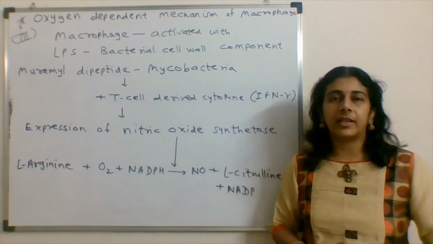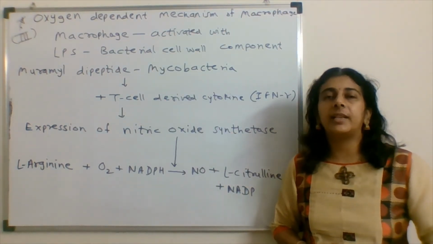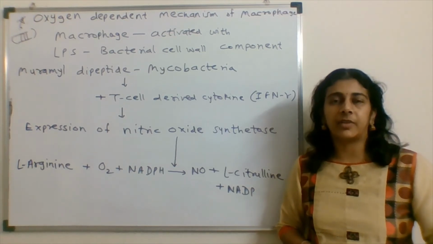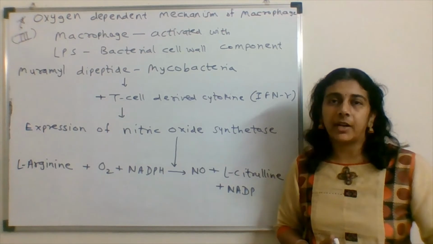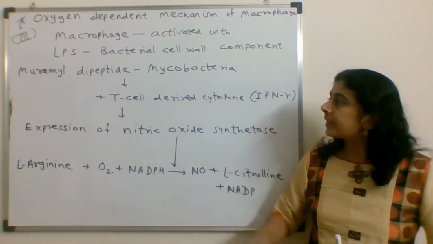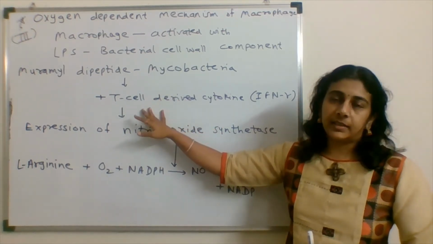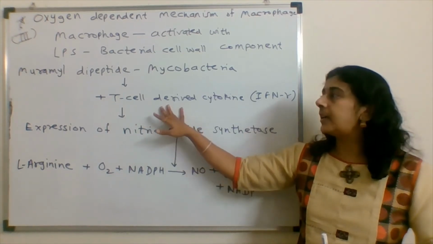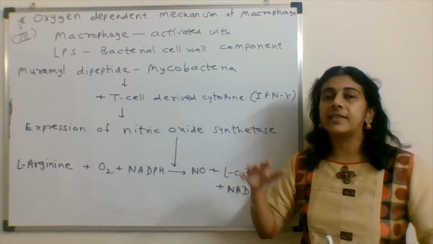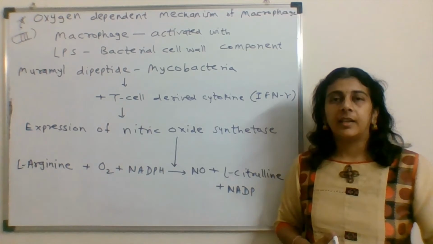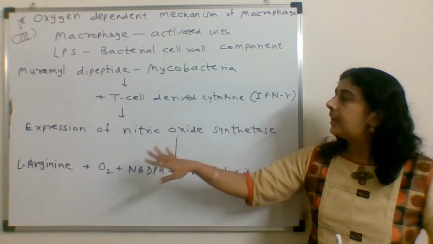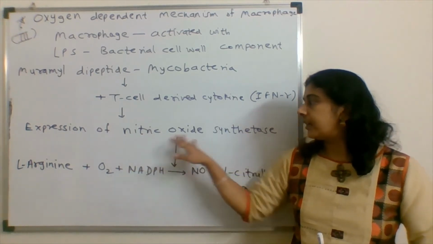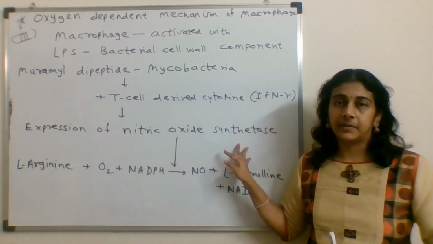If there is a mycobacterium infection, the muramyl dipeptide activates the macrophage. What happens here? There is a formation of reactive nitrogen species. Along with these components, T cell derived cytokines like interferon gamma are involved in this reaction, and there is an expression of nitric oxide synthase.